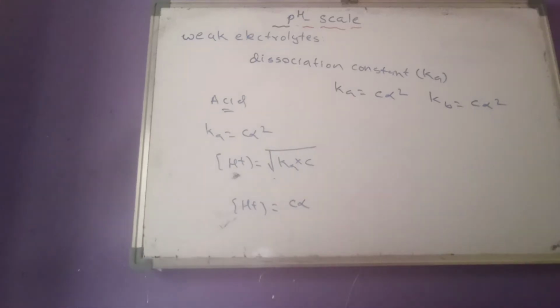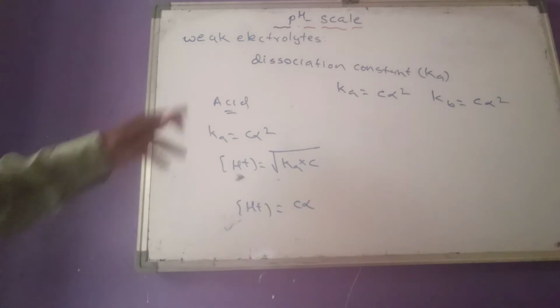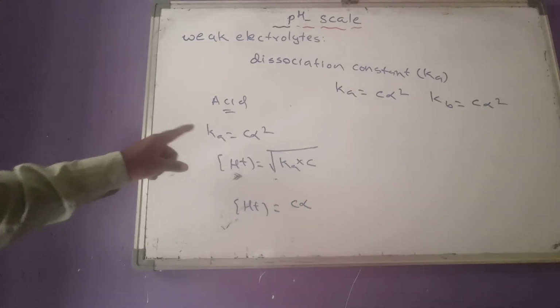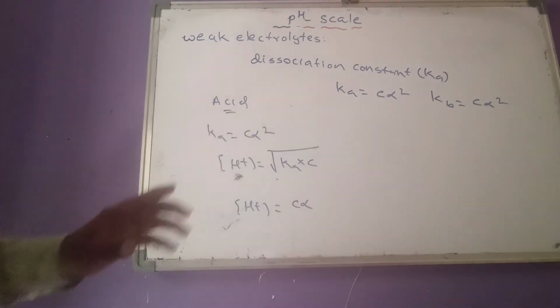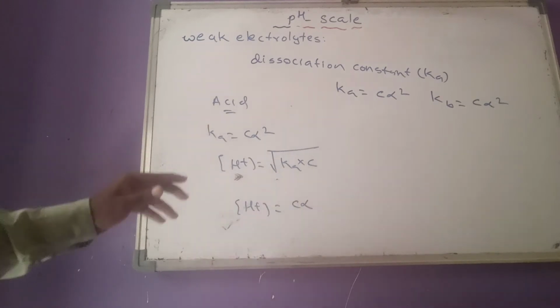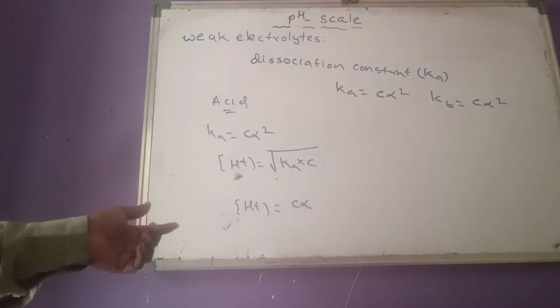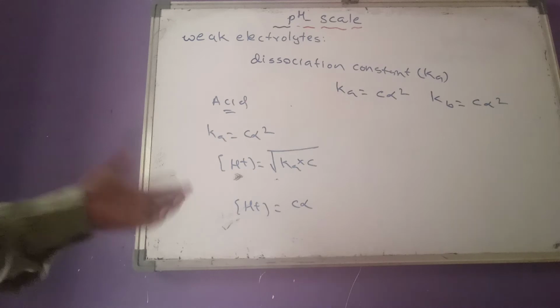These formulas we have to remember for a weak acid. Ka equals C alpha square, where Ka is known as the dissociation constant of the acid.